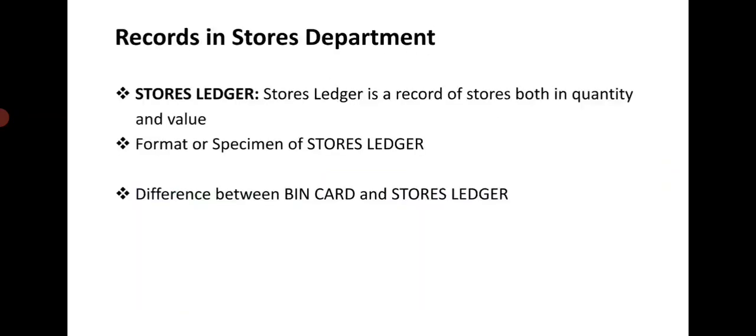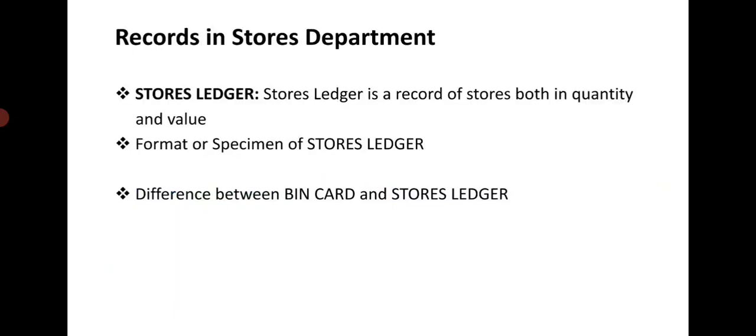So the next record in the stores department is the stores ledger account. So what is stores ledger? Stores ledger is a type of ledger which is maintained in the costing department. It is like a reconciliation sheet which is used to find any difference between the bin card and the costing department records.